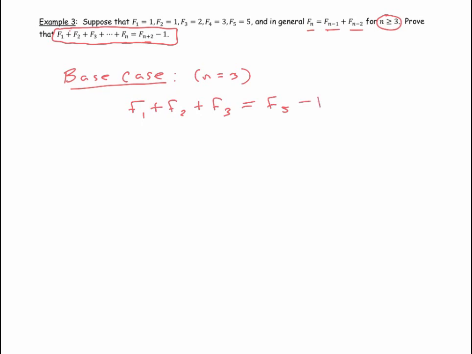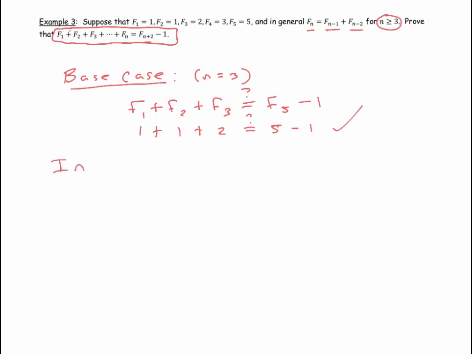So let's see, I'm going to put a question mark here. Well, f sub 1 is 1, f sub 2 is 1, f sub 3 is 2. Is that equal to the fifth Fibonacci number, which is 5, minus 1? And yes, they're both equal. Both sides are equal to 4, so that is true.